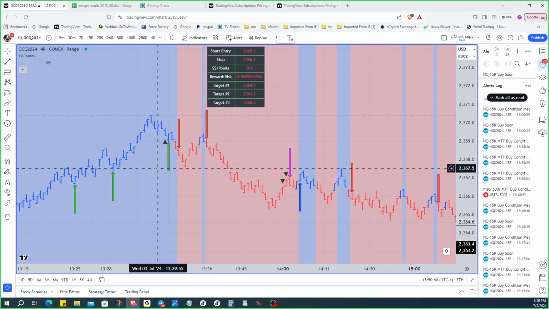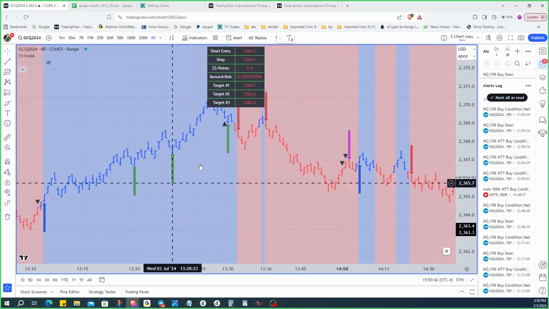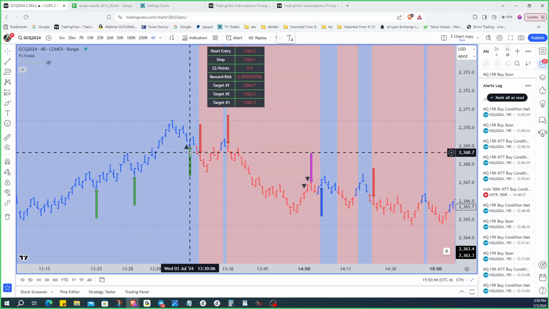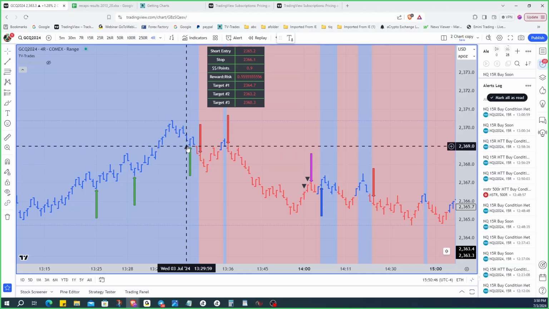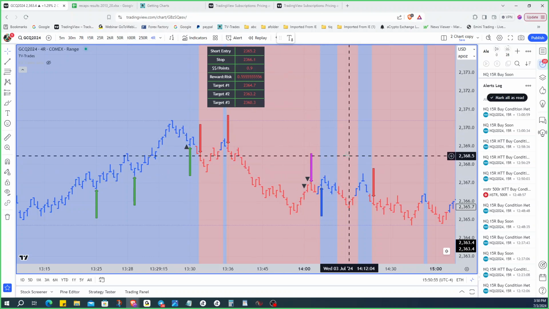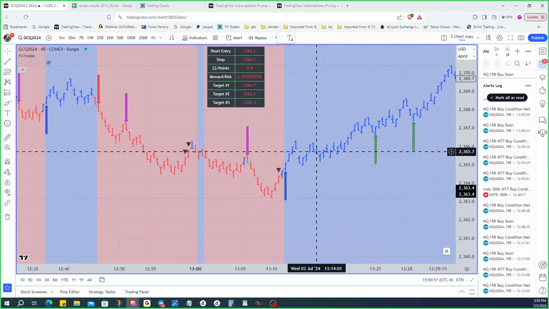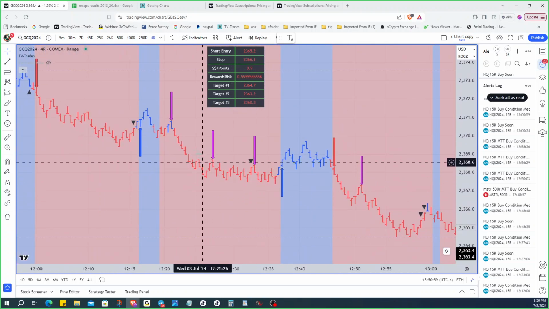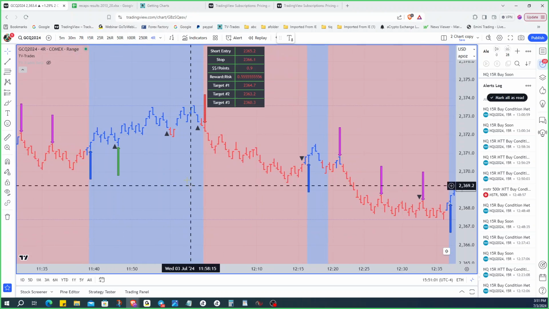Now these little black arrows, if you don't know what they are, they appear before the mid-trend trades most of the time, not all the time, letting you know that the next bar could be a trade. You don't get them on every one of the mid-trend trades, but you get them on a lot of them.